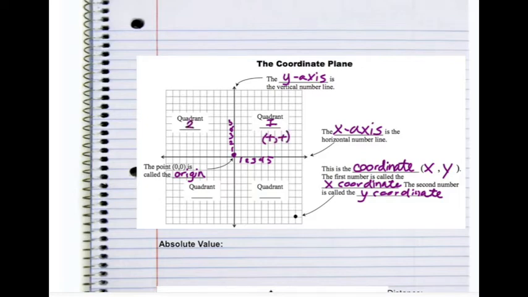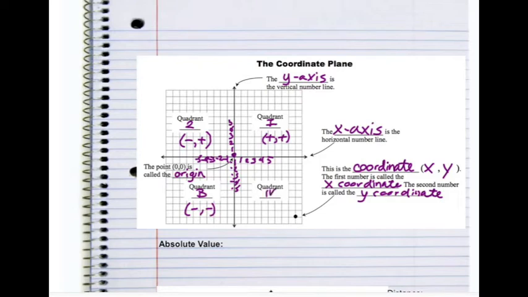Quadrant 2 is over to the left, so we're kind of going in a counterclockwise fashion. And quadrant 2 has x values that are negative, but y values that are positive. Quadrant 3 is just below that, and quadrant 3 has both x and y values that are negative.